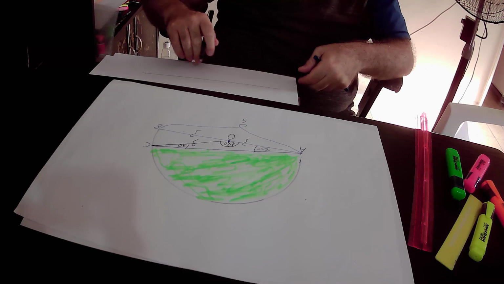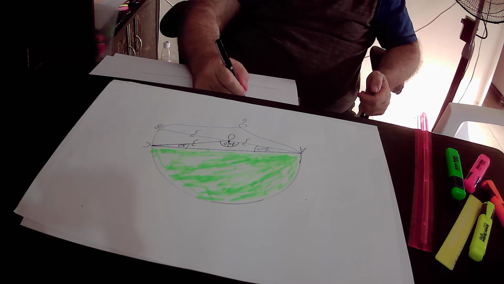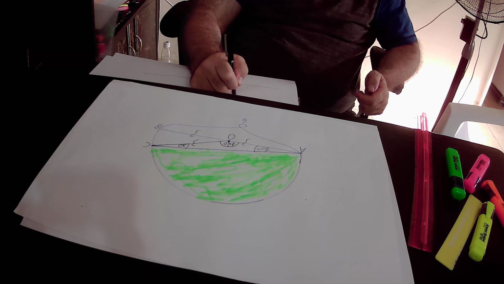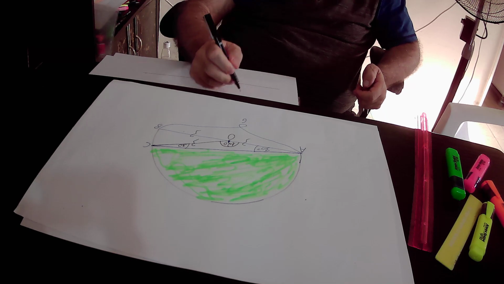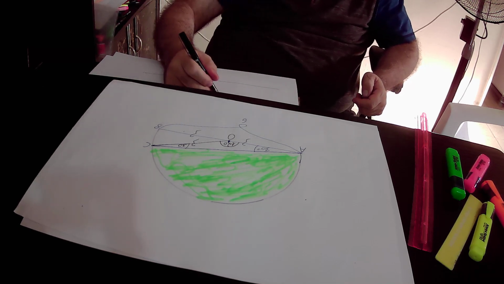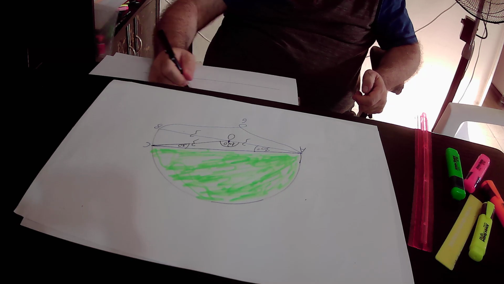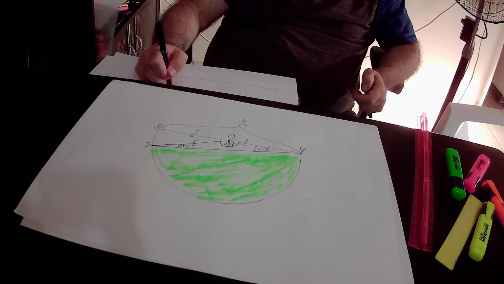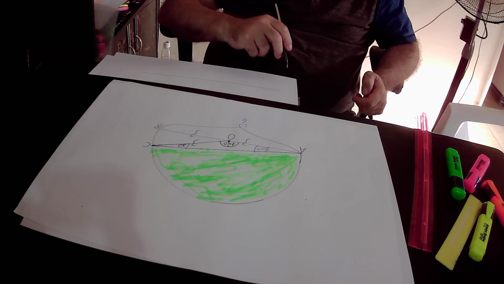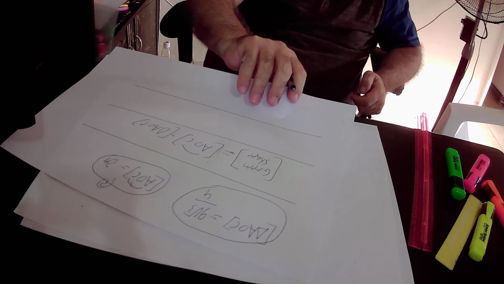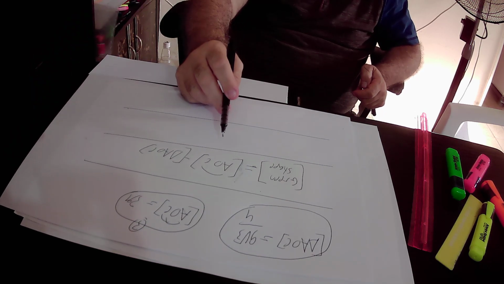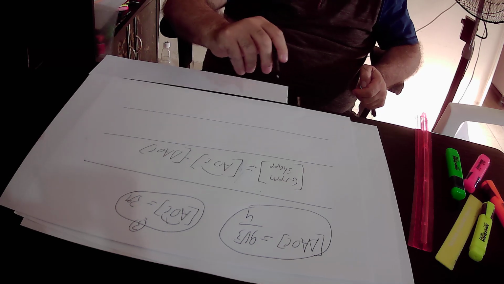From the drawing, it is very easy to see that the area of the green shape is equal to the area of sector AOC minus the area of triangle AOC. Repeat again, the area of the green shape according to the first method equals the area of sector AOC minus the area of triangle AOC.